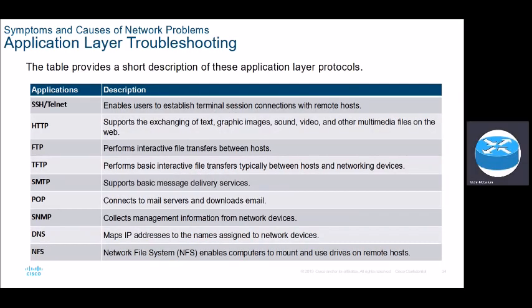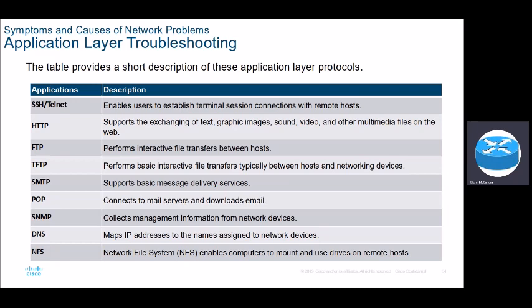Okay, so of course we've got SSH and Telnet as application layer protocols, so it's basically a terminal session remotely. HTTP, of course, is how you get web pages, so it's HTML and all the other attached files. FTP is for file transfers. TFTP is for typically smaller file transfers.